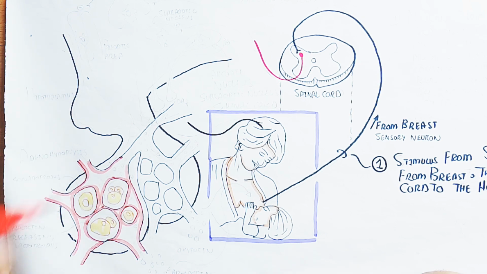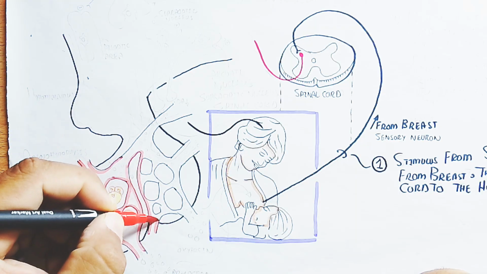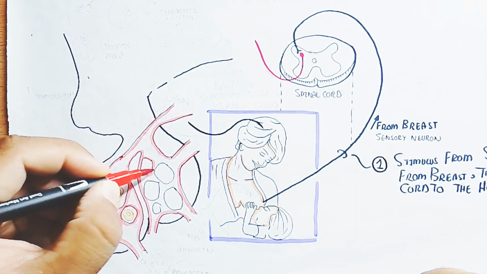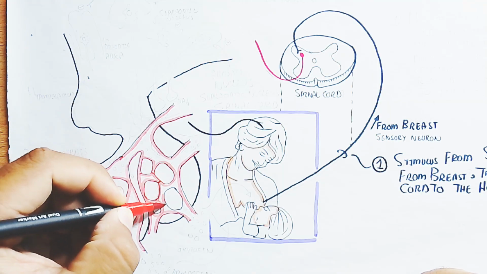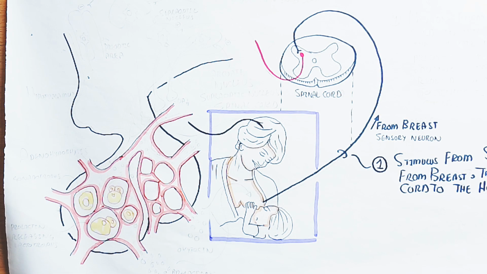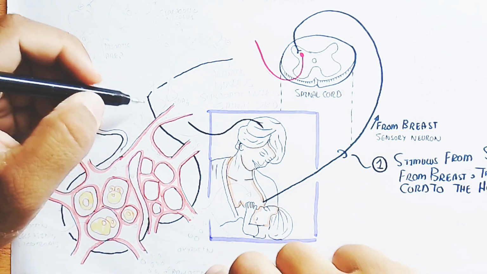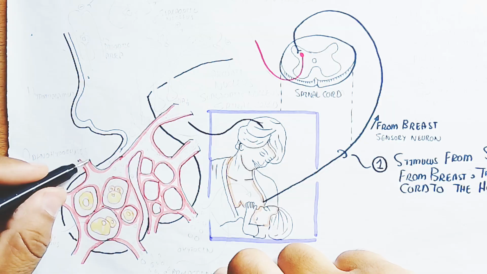The adenohypophysis contains gonadotrophs and, on the other hand, prolactin-releasing lactotrophs. The lactotroph is very important for the release of prolactin. Prolactin is very important for the lactation and production of milk.